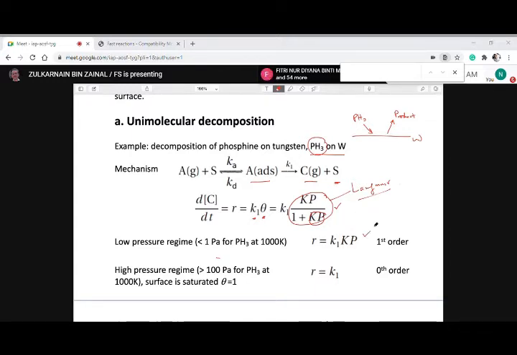As you can see, the reaction is first order. At high pressure, P is very high, so 1 plus Kp becomes Kp. Then the reaction becomes zero order, where the reaction depends only on K1, not on pressure, meaning that the rate of reaction has become constant at that stage.